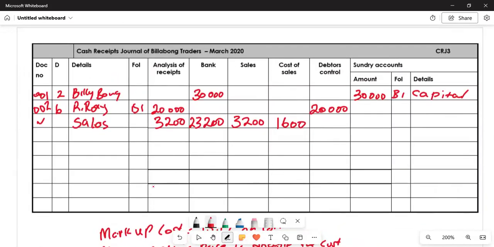So here we are on the 13th. We are going to have 003 as our document number. On the 13th, we're going to have our debtor Lisi, which is our debtor 2. We received how much? 3,530.